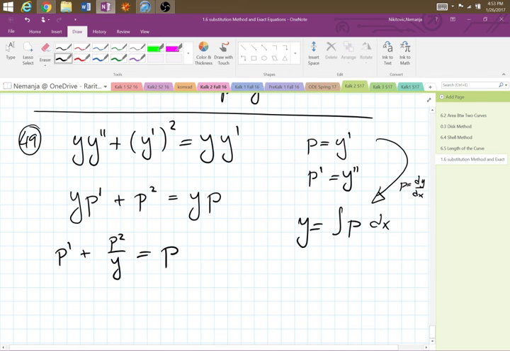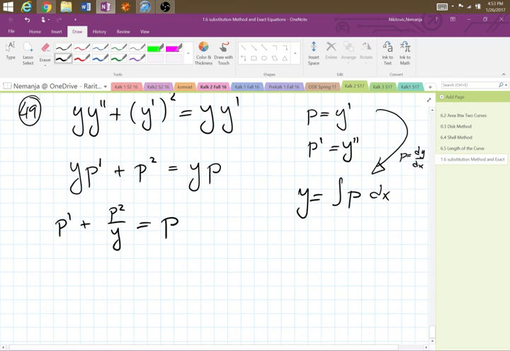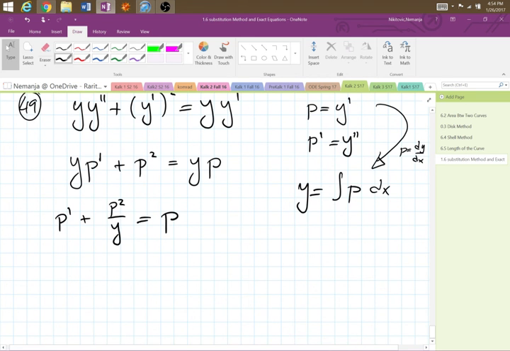This is not separable. I can't do integrating factor because I have p squared and p. Writing y as the integral doesn't help.